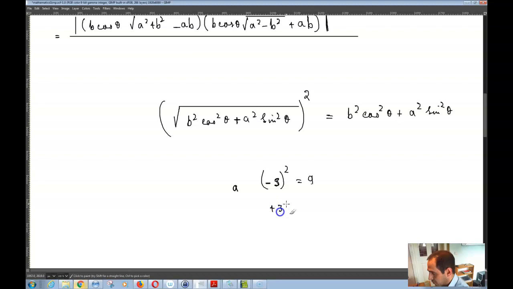If you have a positive 3, if you raise it to the second power, you will still get a 9. That means that the square root of 9 is actually equal to plus or minus 3, because positive 3 whole squared is equal to 9, and negative 3 whole squared is also equal to 9.